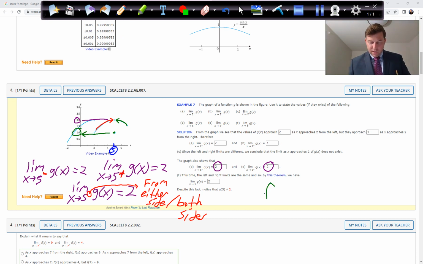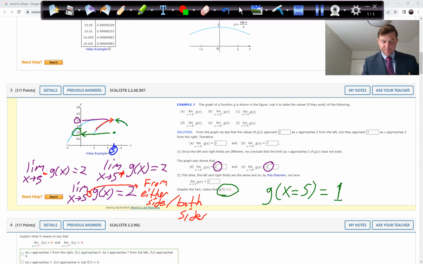So if I were to plug in x equal to 5 into this function, they called it g, you actually get the y value to be equal 1, which is what they wrote here. Okay, so I know this can be confusing. We're going to do lots of these, so hopefully it'll sink in as we go.